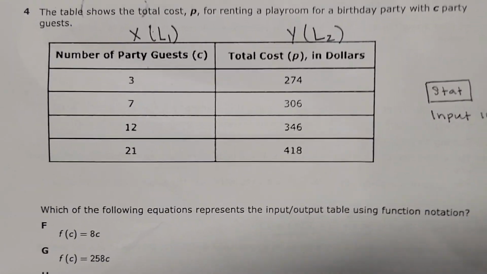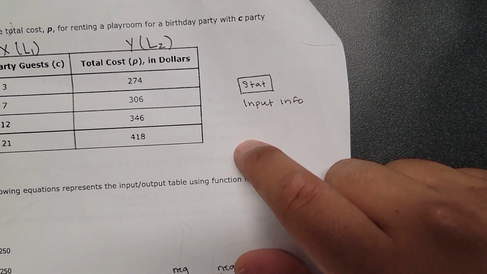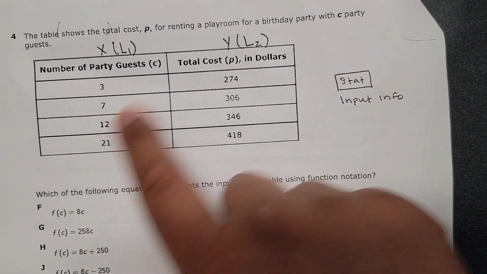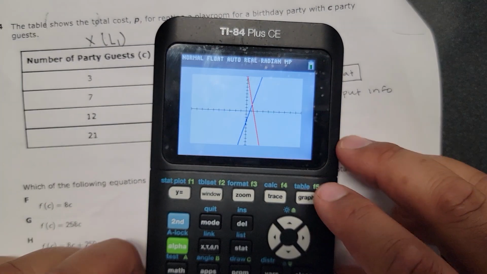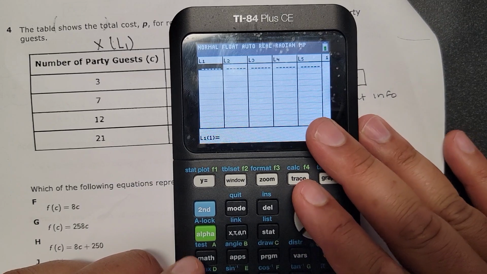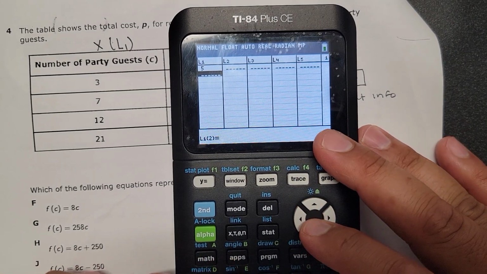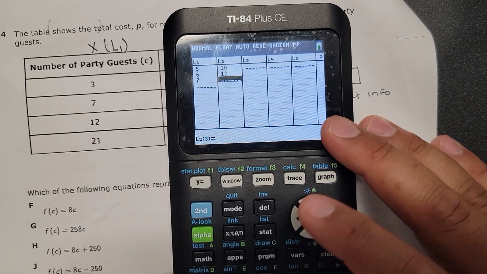Right. On this problem, number 4, you're going to use a stat, right? You have your L1, L2. So I'll go ahead and do an example for stat. So stat's in the middle of the calculator. Hit stat, edit, enter. Let's put some numbers in here. Enter.